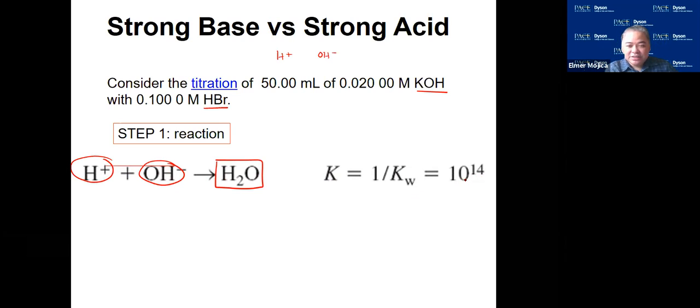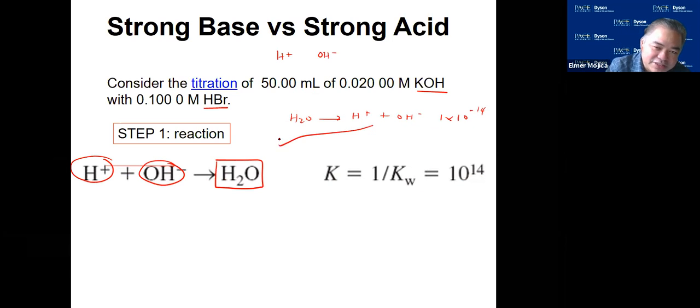Now you may ask, why is it 1 times 10 to the 14? Because when you have water, it dissociates to give you H plus and OH minus, and that's 1 times 10 to the negative 14. But what we did in the reaction here is we reversed it.